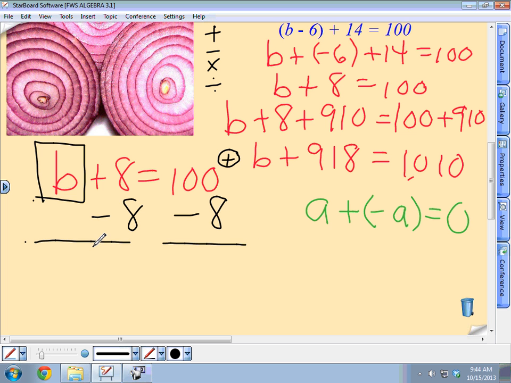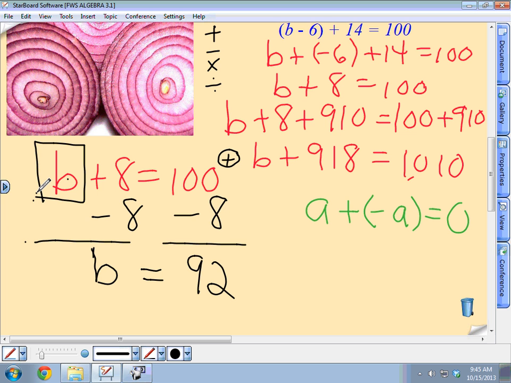So all I'm left with here is what? What's left? 0. Well, I've got something there. B. B's not 0. And then, what's 100 minus 8? 92. Okay? So that's the simplest kind of equation you can have. So we know that B is 92.